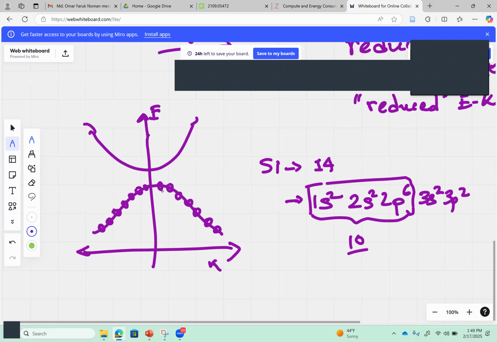Okay, and if something is filled up, then it does not really contribute to electron conduction. And we said we can see it from this E-K diagram also. Let's look here.